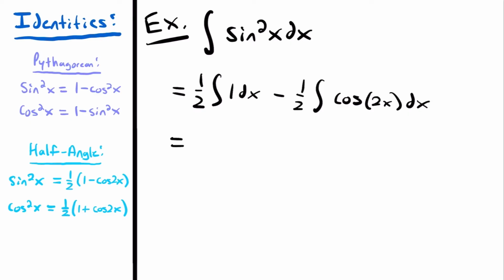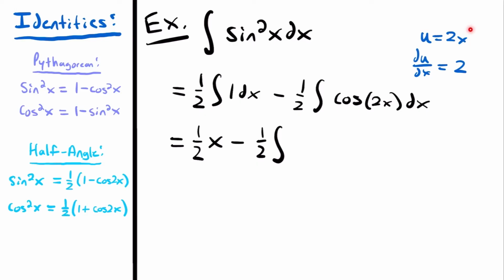So this will be equal to 1/2 times x, and then we will subtract 1/2 times the integral of cosine of 2x, which we can integrate using u-substitution since we have a composite function. We can set u equal to 2x and then take the derivative of that. So we'll have du dx is equal to 2, because the derivative of x to the first power is just equal to its coefficient, which is 2.